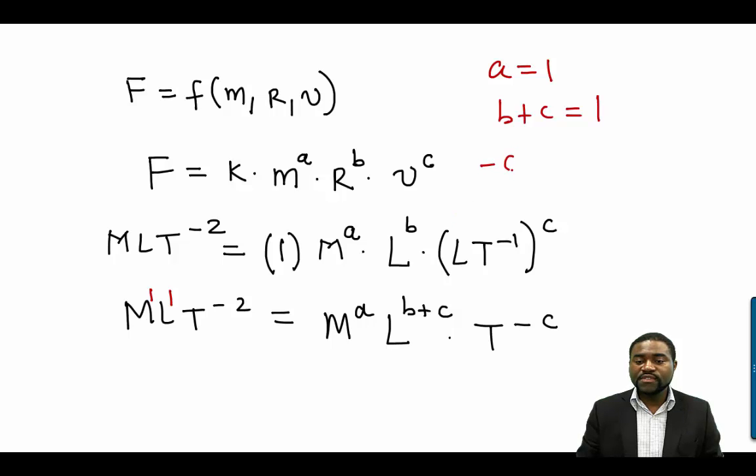At the same time, negative C is equal to negative 2, which means that C is equal to 2. And what does that mean? This would imply that B is equal to negative 1.